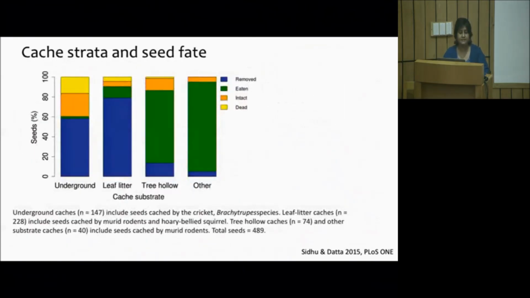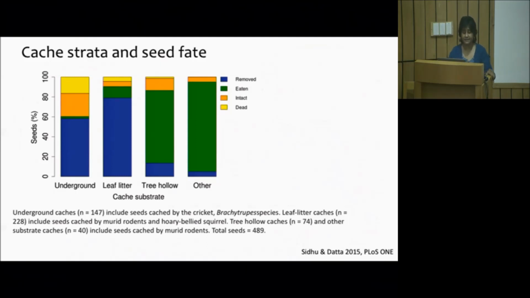This is the strata in which caches were found, and the seed fate based on those different strata. There were underground caches which included seeds cached by the cricket. As you can see, many of them were intact and germinating also.